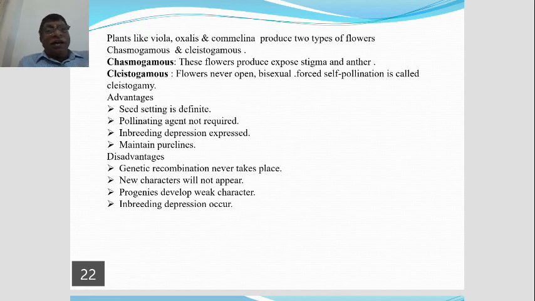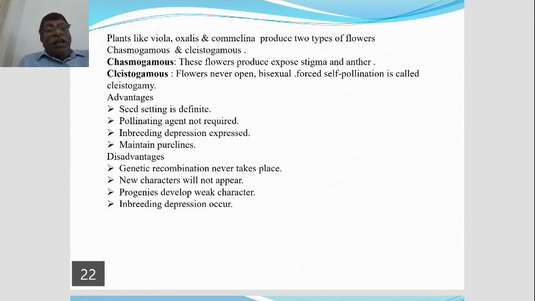What is the reason? Because the genes are coming from the same plant. Next point, naturally, new characters will not express. New characters will not appear.